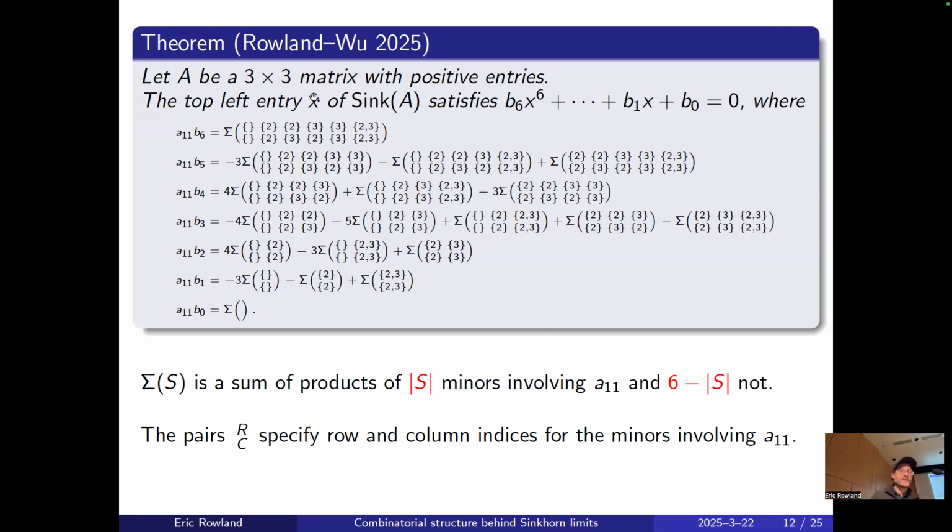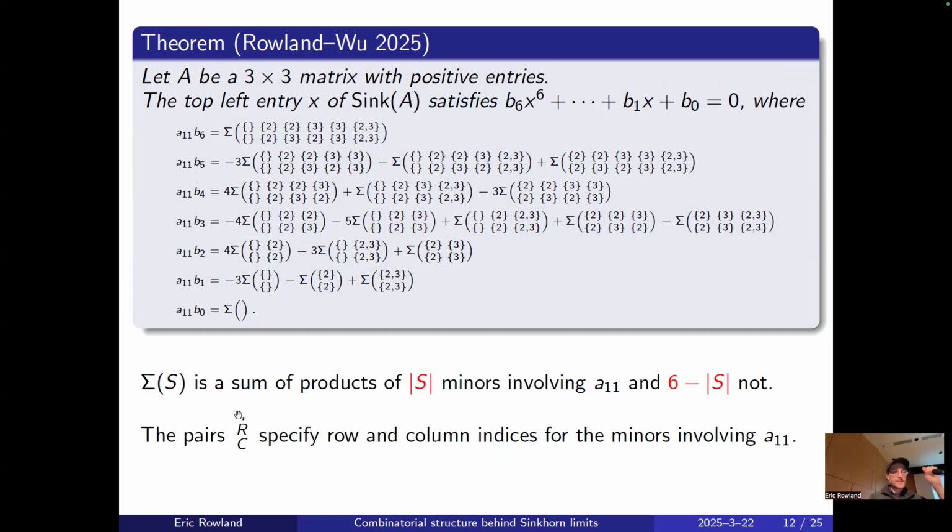So for a general 3 by 3 matrix with positive entries, the top left entry of the Sinkhorn limit satisfies this degree 6 equation where these are the coefficients. The first thing I want to point out is that Bk involves the sigma thing where I have k. Basically, I have a matrix here, but don't think of this as a matrix.